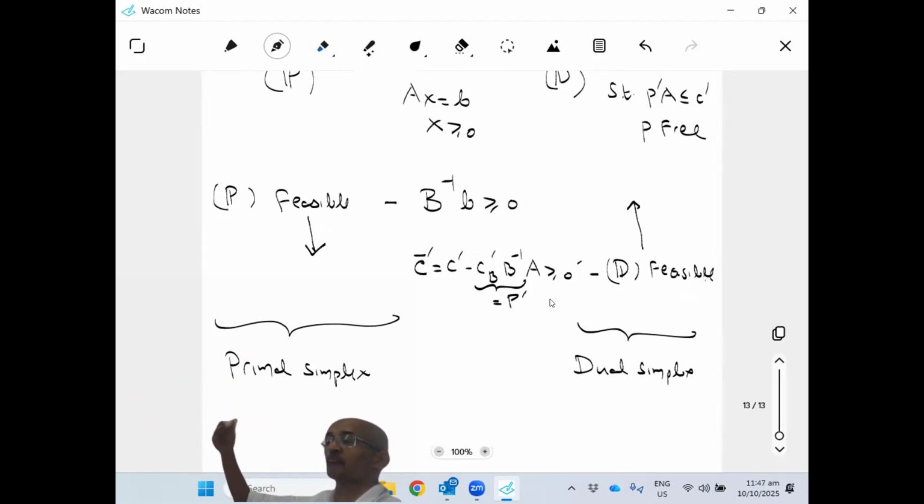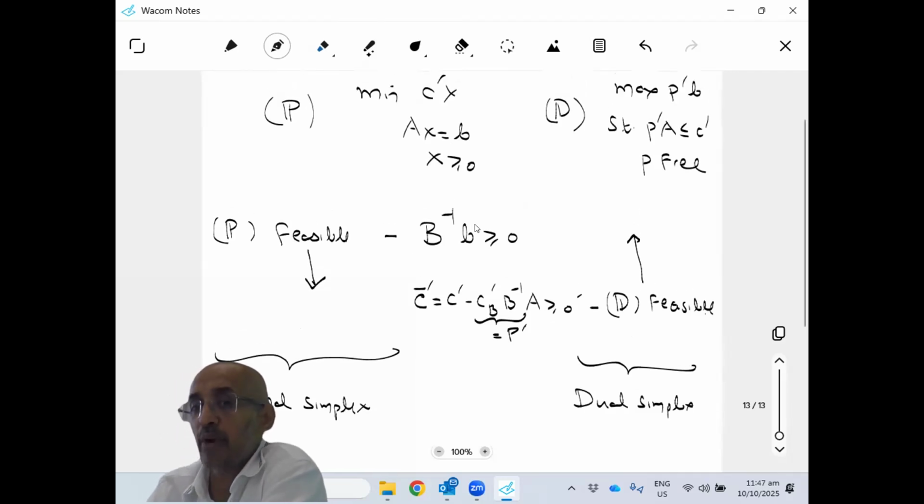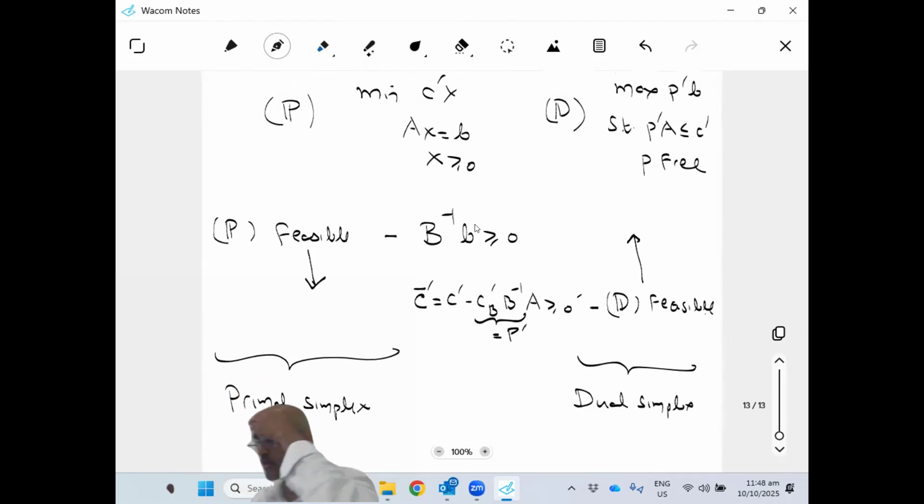In the primal simplex method, we are always in the primal feasible region. In the dual simplex, we'll always be in the dual feasible region and we'll be working towards dual optimality, primal optimality. I'm sorry, dual optimality.